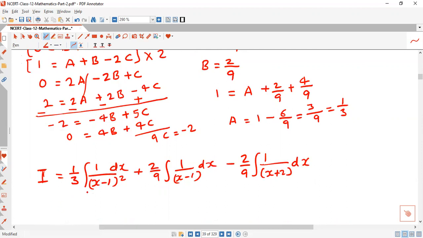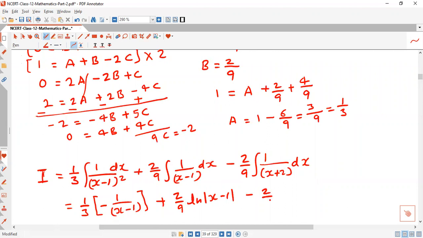So now, taking the integrations, 1 by 3, 1 upon x square gives minus of 1 upon x. So this integration becomes minus of 1 upon (x minus 1), plus 2 by 9 log of mod (x minus 1) minus 2 by 9 log of mod (x plus 2) plus some constant c.